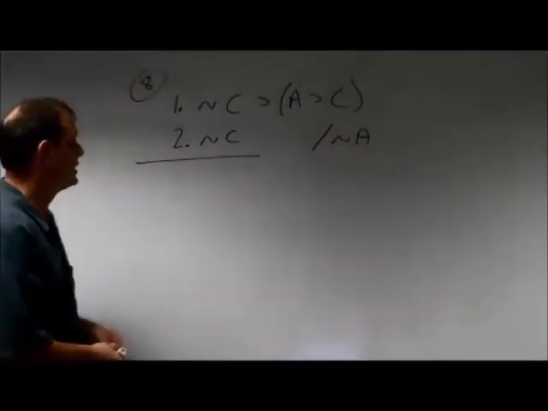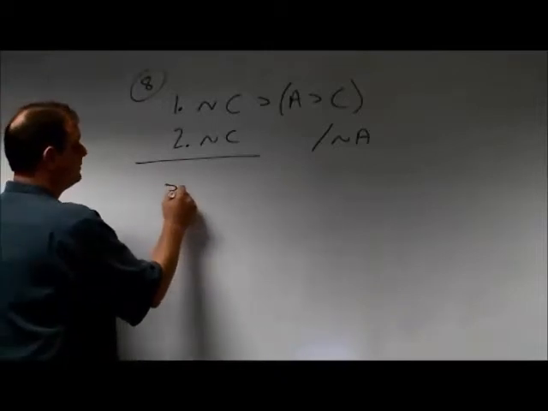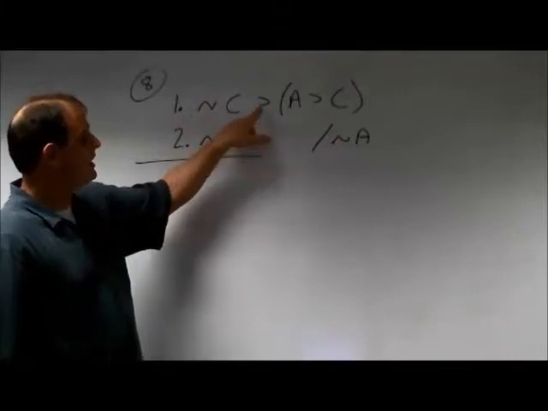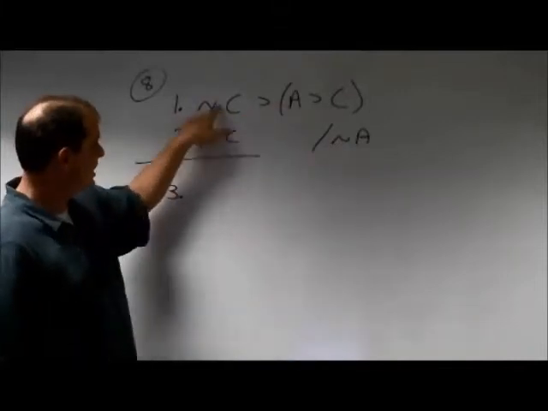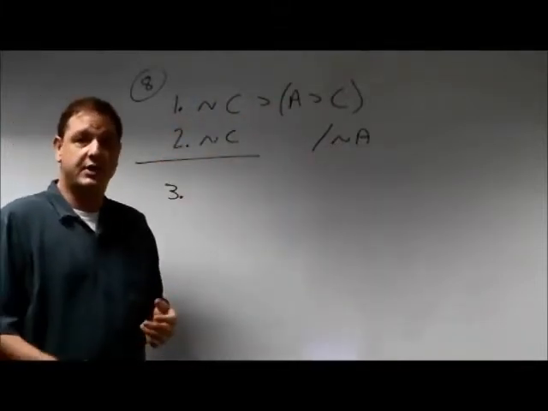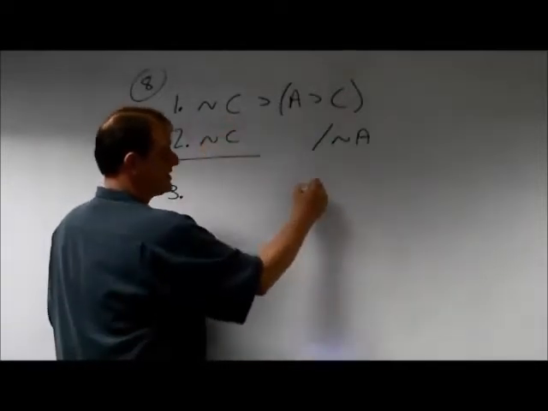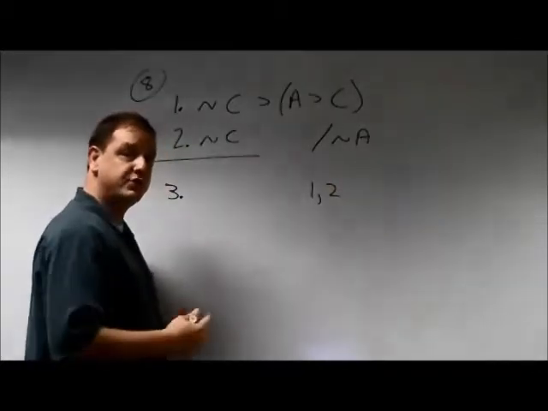So here's how our proof's going to go. This one says, if not C, or if C is false, then if A, then C. And here, sure enough, we have not C. And so we can put these two together, that's lines 1 and 2, using modus ponens.